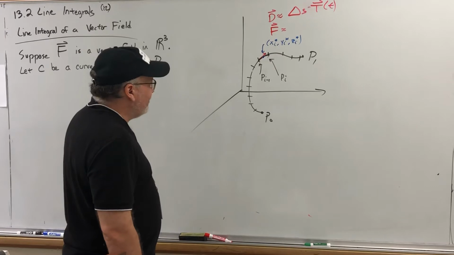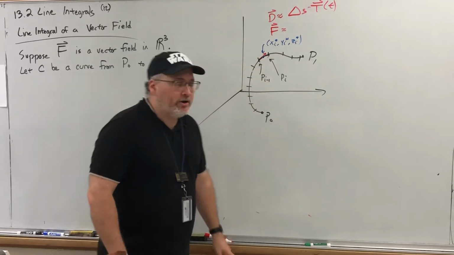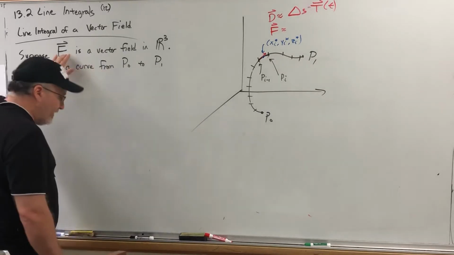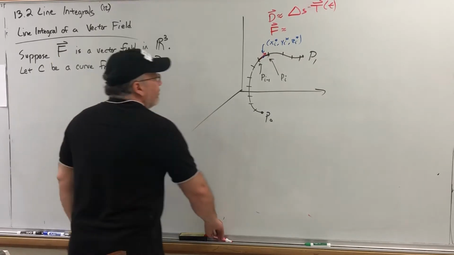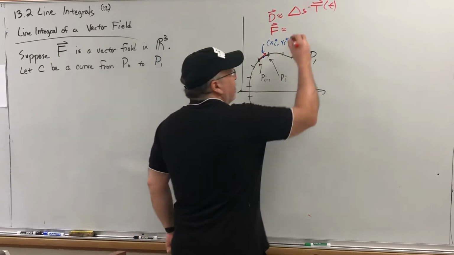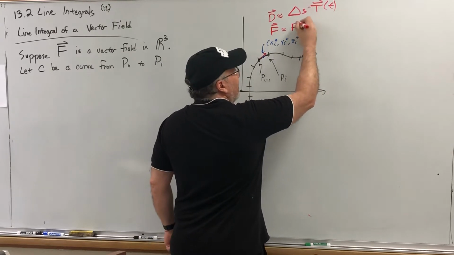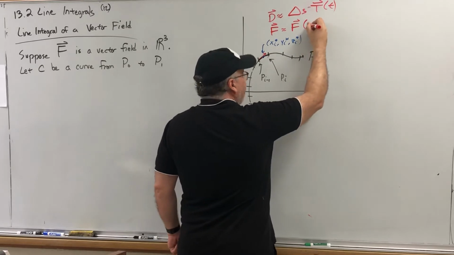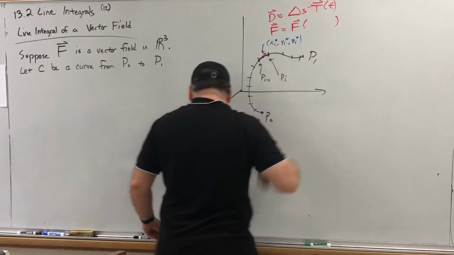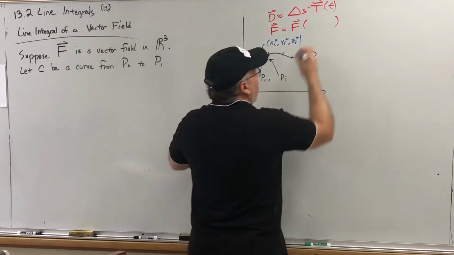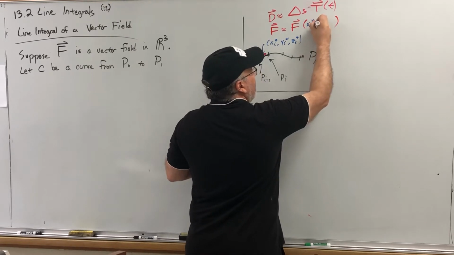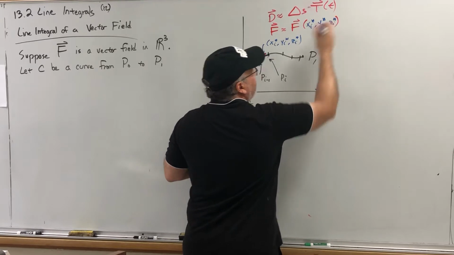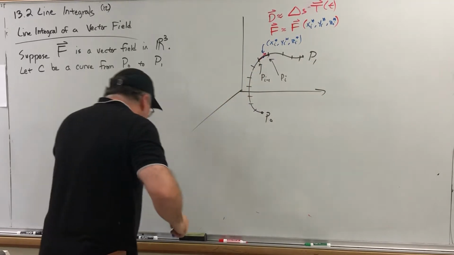In order to calculate the work to move it across that arc, we need to multiply it by the force vector, and that's where the vector field comes into play. So the force acting on this particle is approximately the vector field evaluated at the point (x_i*, y_i*, z_i*).